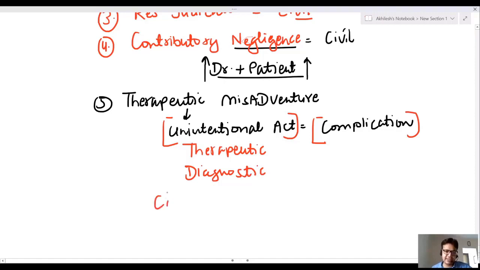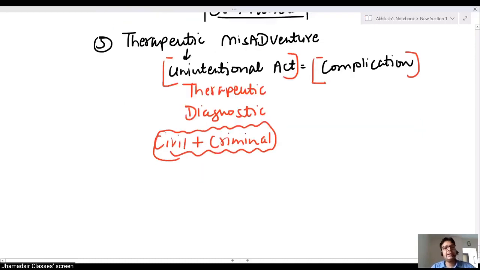This is a defense in civil as well as criminal negligence.